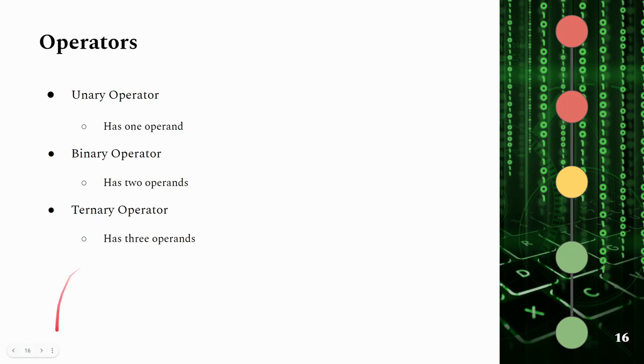Now for an example, we all know the plus sign. Plus is an operator, okay? So what does the plus do? It does the operation of adding two numbers, suppose A and B. Here A is an operand, B is an operand, and plus is the operator.